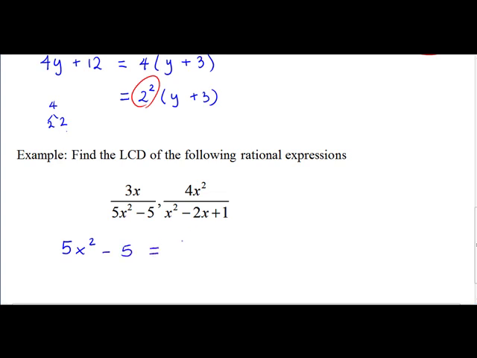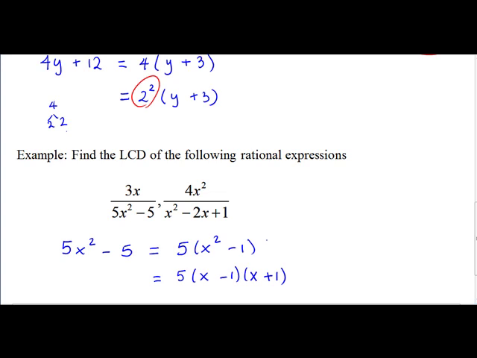Factor out: I have 5 times x squared minus 1. Then I recognize the second factor can be factored more, as x minus 1 times x plus 1.